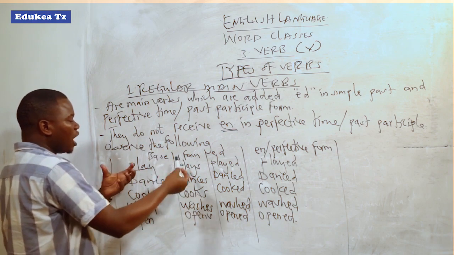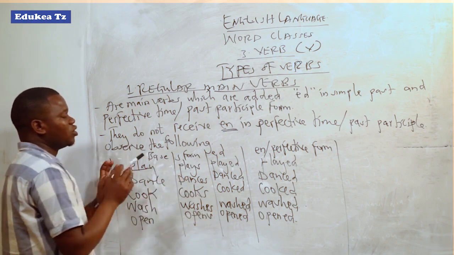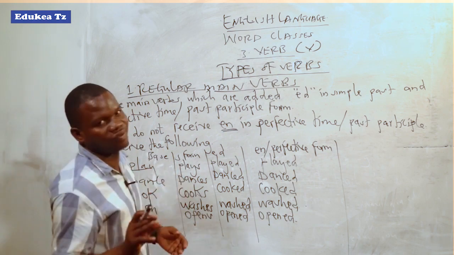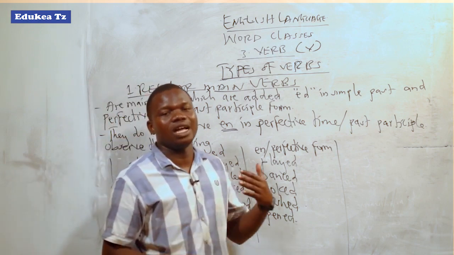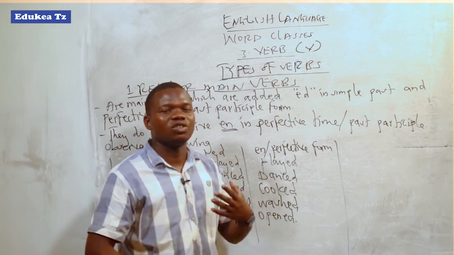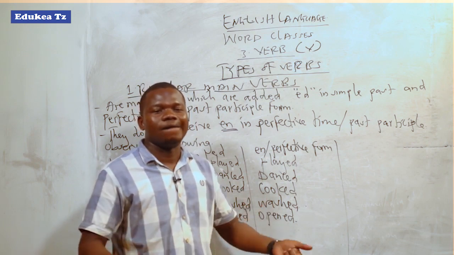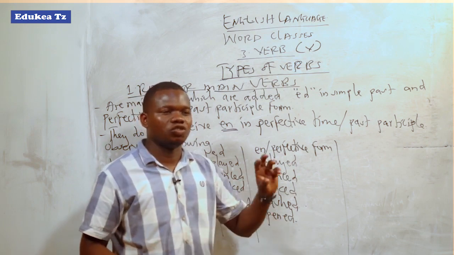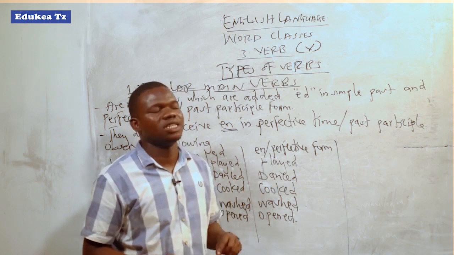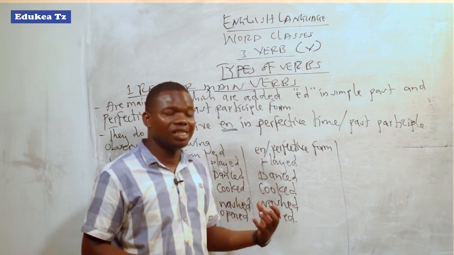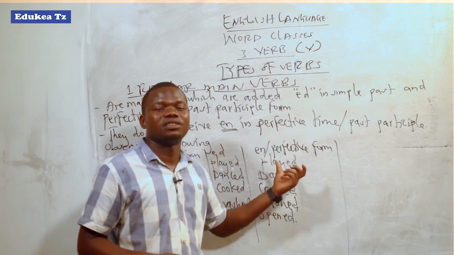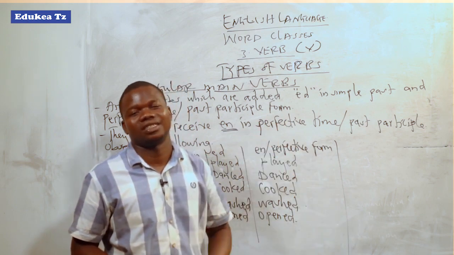And why do we attach those things? It is because of grammatical purpose. There are some grammatical situations which allow or mark us to have some attachment. And as I said earlier, these verbs show tenses.